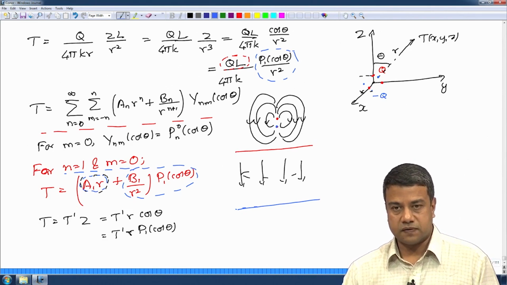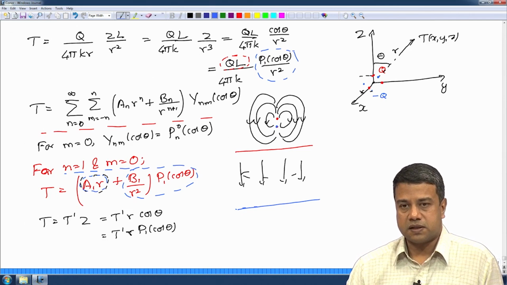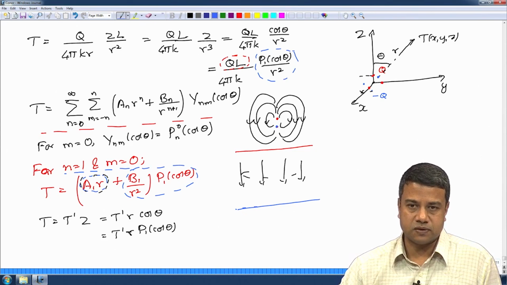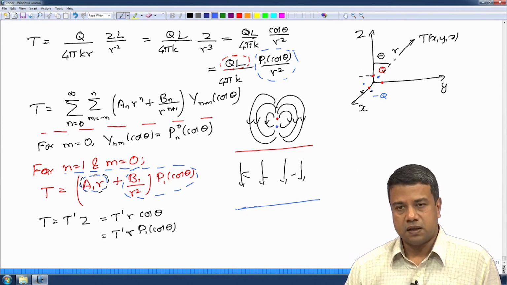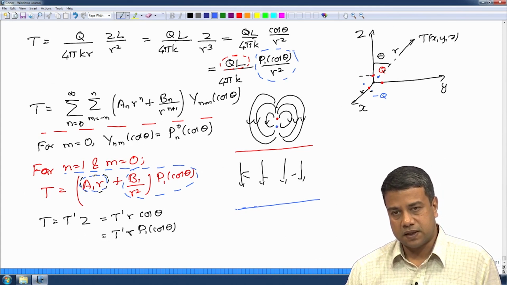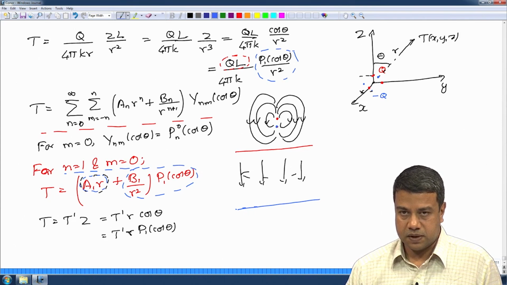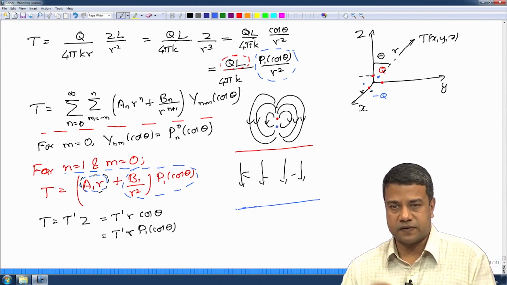The 3 solutions for m = minus 1, 0 and plus 1: for 0 it corresponds to an alignment of the dipole, the source and the sink, the separation between those two, along the z axis. The other 2 are for the separation along the x and y axis. Any dipole, with separation in any direction, can be expressed as the linear combination of these 3, because any vector can be expressed as the linear combination of the basis vectors.